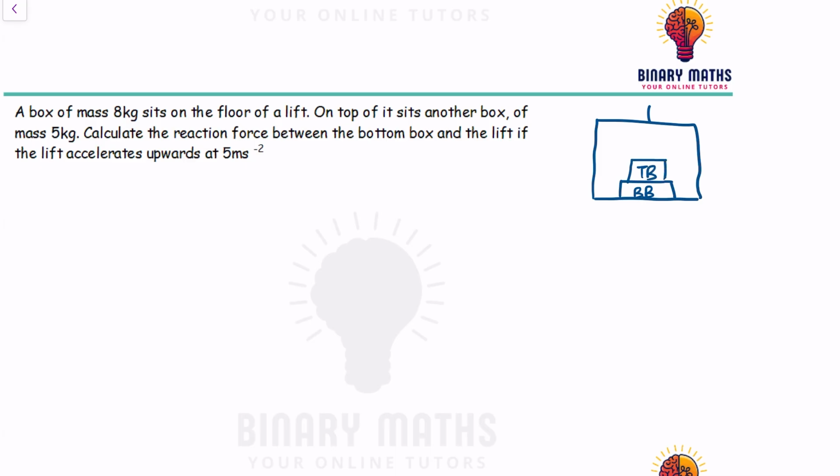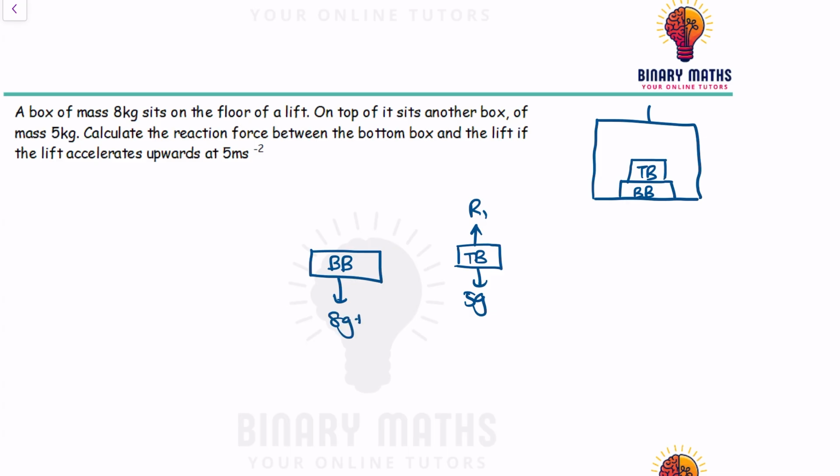If we draw it out separately, the top box has mass 5 kg, so its weight will be 5g. And it will feel a reaction force, let's call this R1, from the bottom box. The bottom box will feel its own weight, 8 times g, which is 8g.